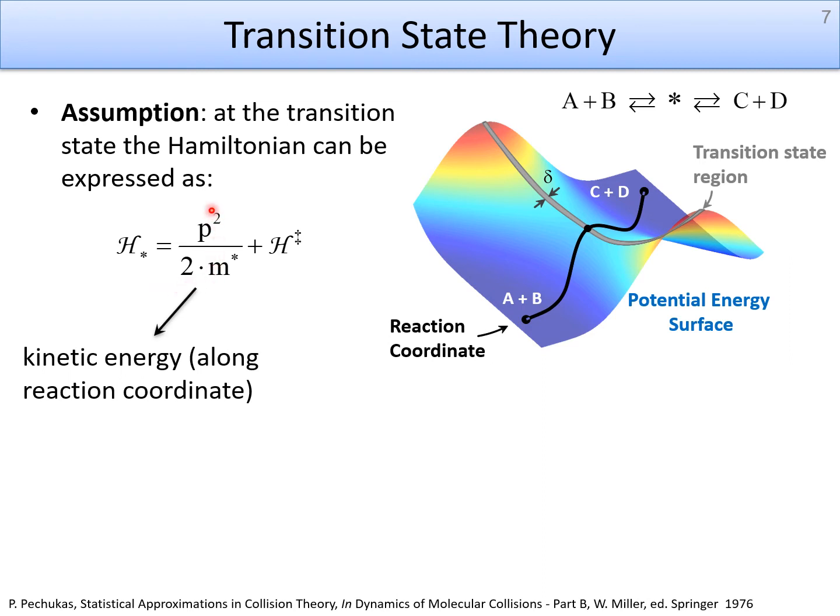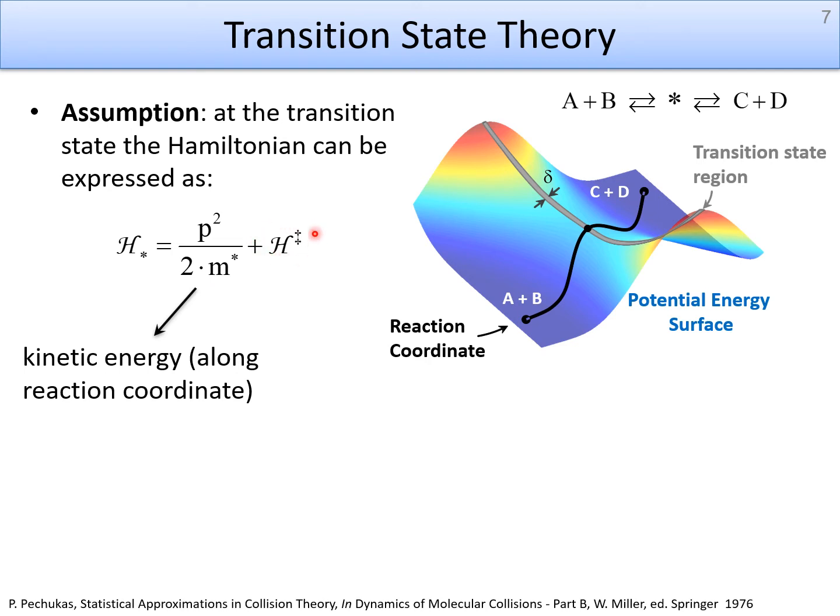One contribution is kinetic energy along the reaction coordinate. When the system approaches this point, it will have some momentum, hopefully momentum to bring it towards the products region, but not always. It may go up close to the transition state and come back. So this would be kinetic energy along the reaction coordinate, because of that momentum.